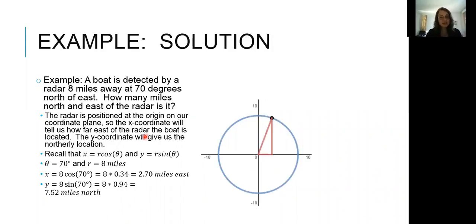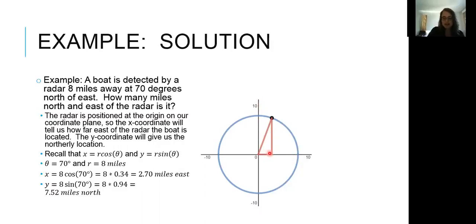So here's what we have. Radar goes out in a circle, so we set a coordinate system and we put our radar station at the center of our circle. We know that our boat is 70 degrees north of east. So my positive x-axis is east, my positive y-axis is north.